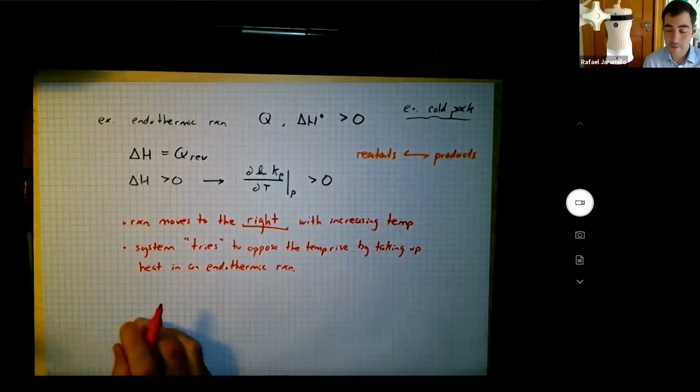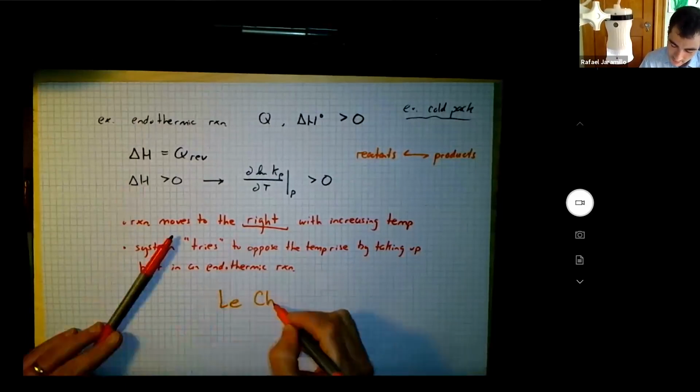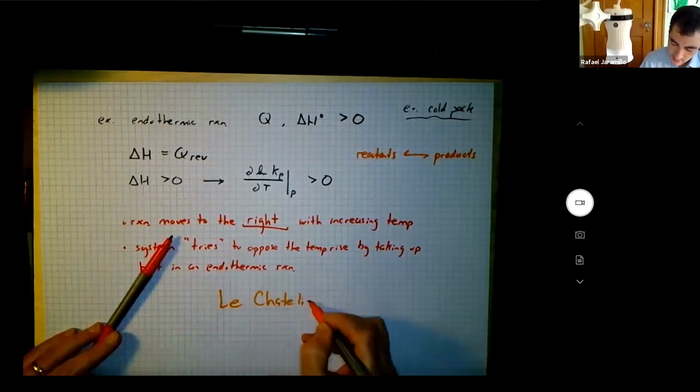If you try to raise the temperature, it's going cold pack on you. That's what van 't Hoff says. You cannot get away from Le Chatelier.